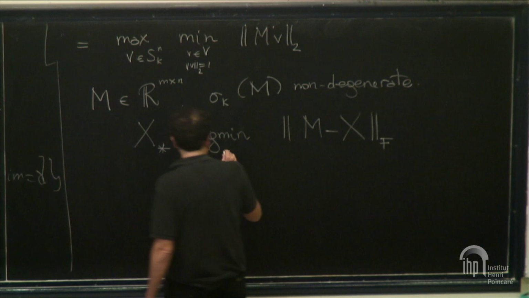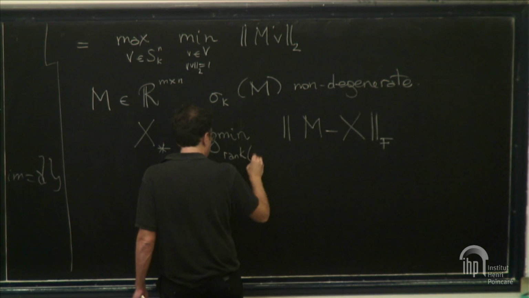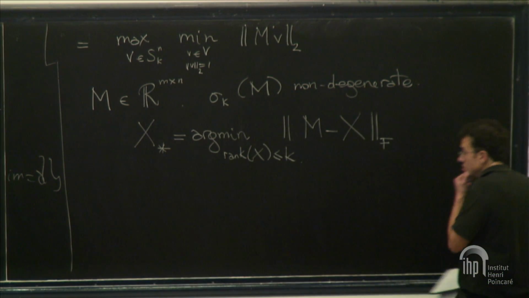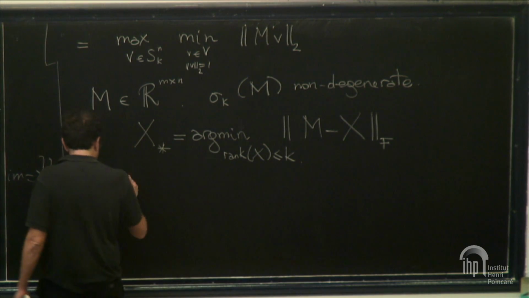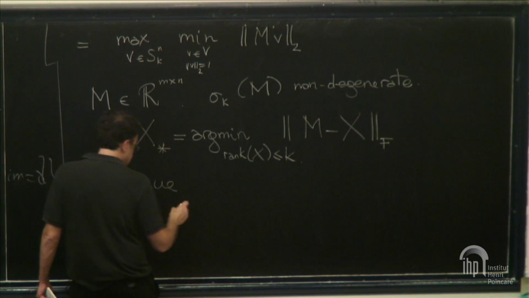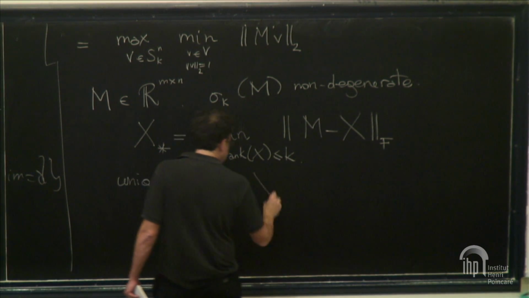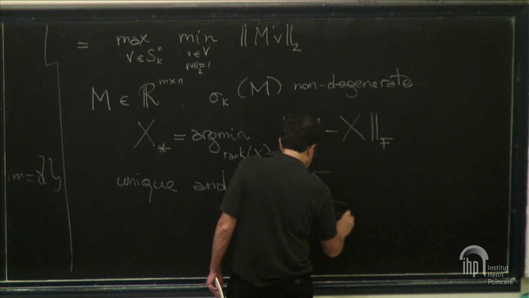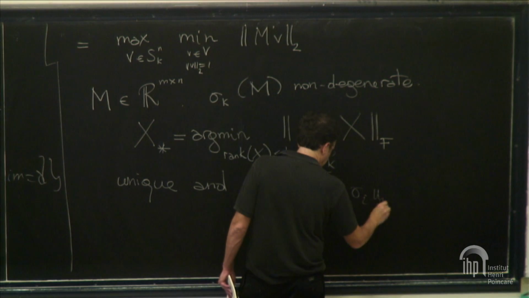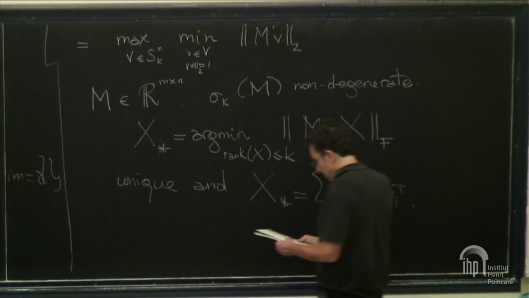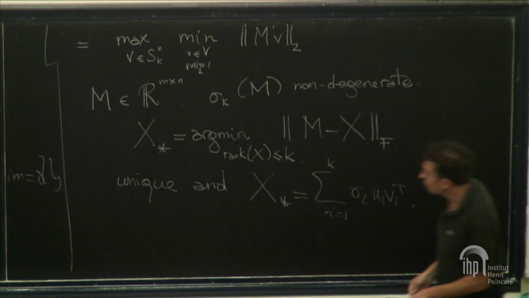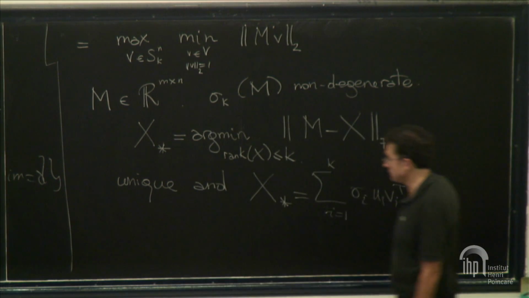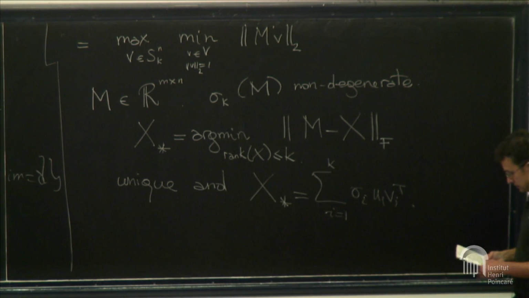Overall matrix is X of rank at most K. Then the solution of this problem is unique and is given by X star, just the sum over the first K terms. These three statements are not hard to prove, and if you never saw them, it's a fun exercise to do.